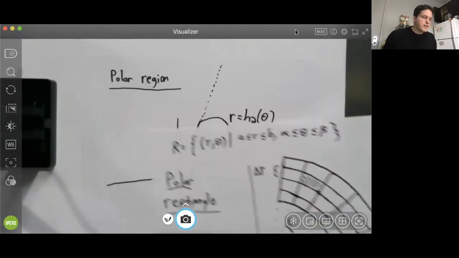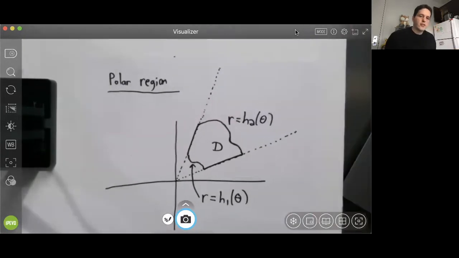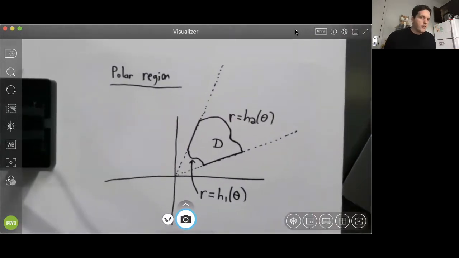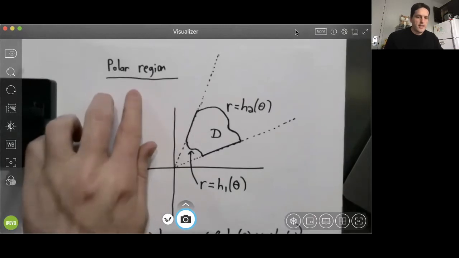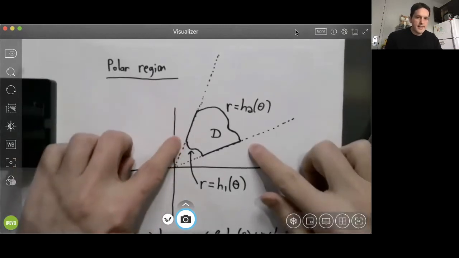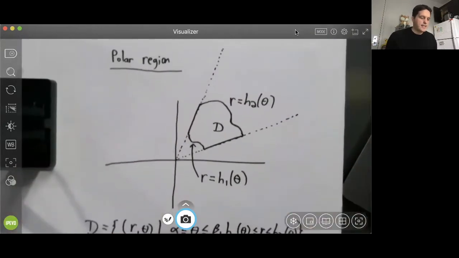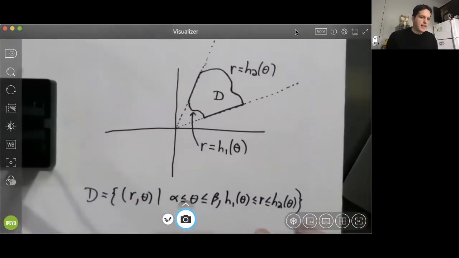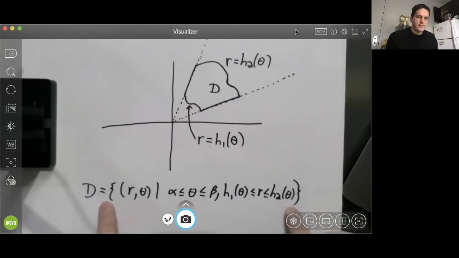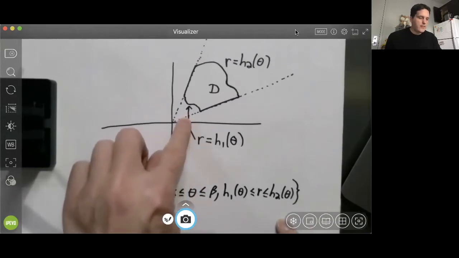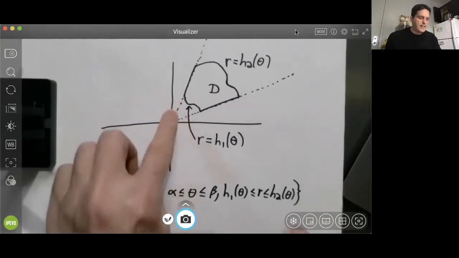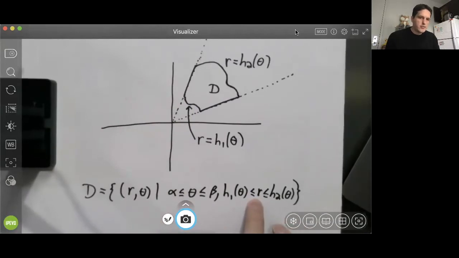And now we're going to learn how to integrate over a more general type of region, which is called a polar region. A polar region is a region D that looks like this, and it can be described like this. D consists of all points (r, theta) using polar coordinates such that theta is between alpha and beta, and r is always between h1 of theta and h2 of theta.